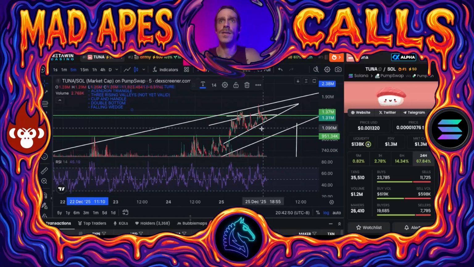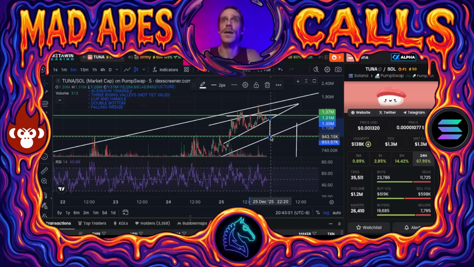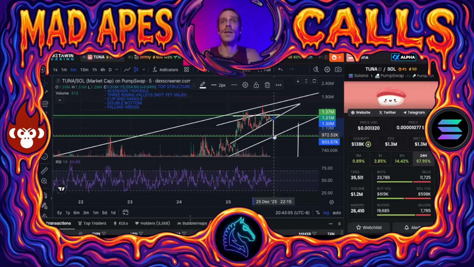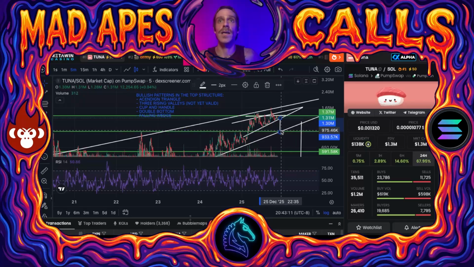And if this rising wedge actually played out like a rising wedge usually does, it would drop like this, right down to the lower trend line. So that would also validate this bigger structure, and it would keep that in play, like a regular rising wedge, which has a potential breakdown.